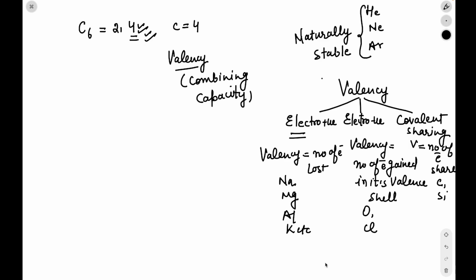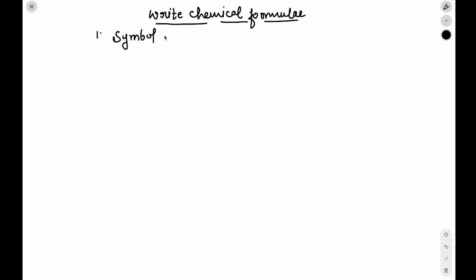Now we will get a quick recap of writing a chemical formula. We will follow a few steps. First, write the symbol of the element.